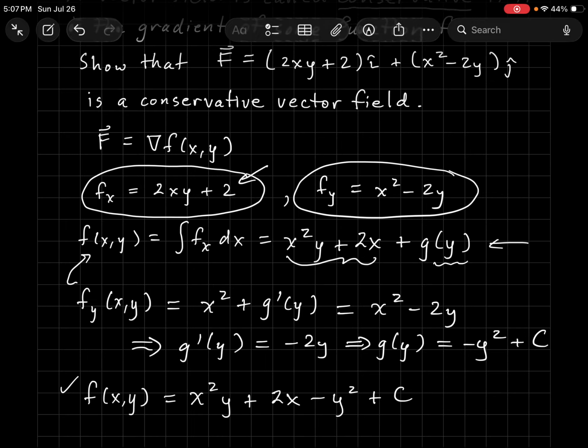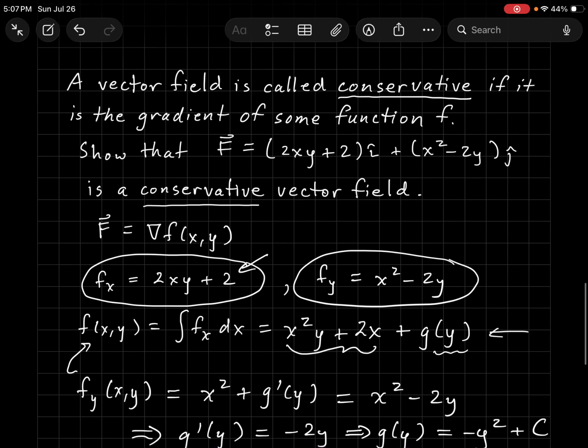Now, just a brief mention, because we're not going to try to draw this vector field. But an idea we want to wrap our mind around throughout this unit is, what does it mean to be conservative? This word was chosen for a reason. Sure, there's a definition that we use, but what does it really mean intuitively?